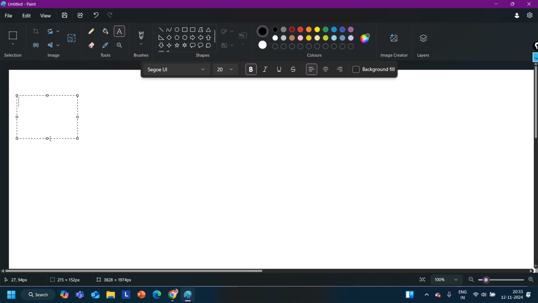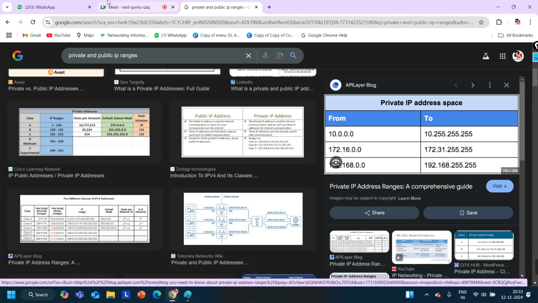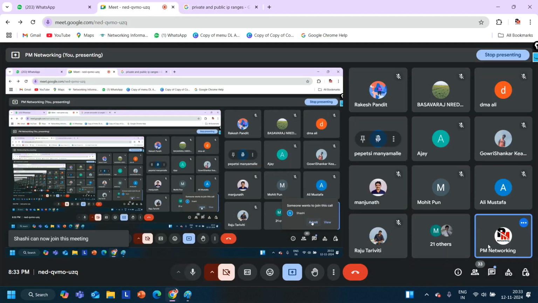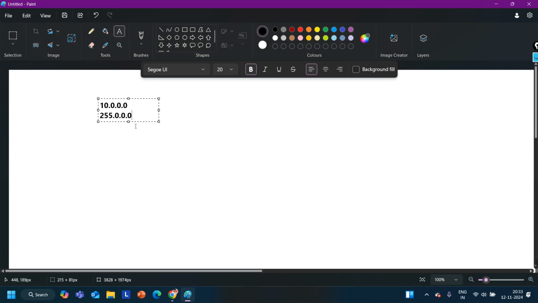Like why should I not use this subnet 10.0.0.0/8, with subnet mask 255.0.0.0, and configure IP from this network to all the departments, all the buildings, all the sites, all the branches? What is the issue? Anyone have an idea? Management issue. See, how many IP addresses are there?